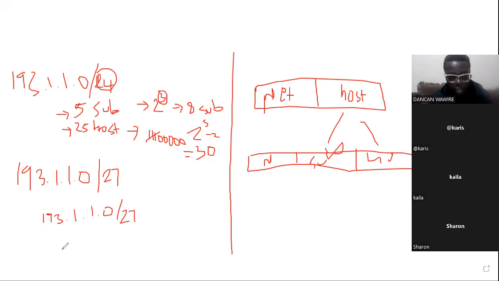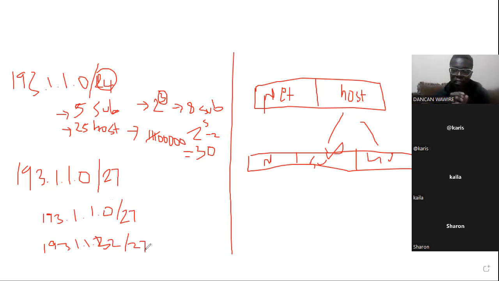They'll be running from there, so up to 193.1.1.1. So hiyo mwisho inafaa ikuwe 32/27. I know someone is like, wait, where's the 32 coming from?